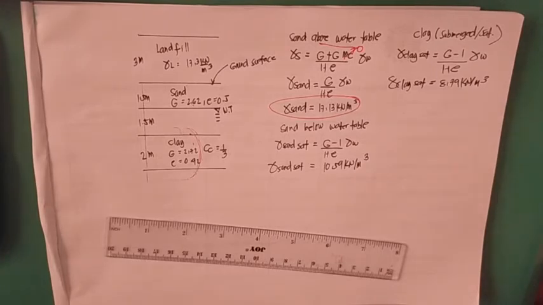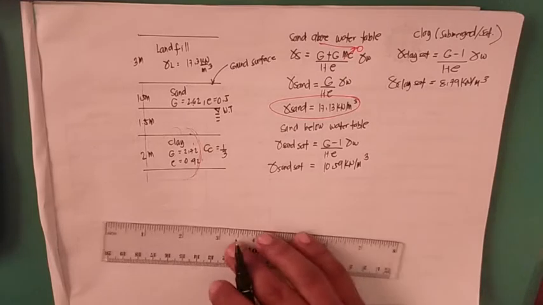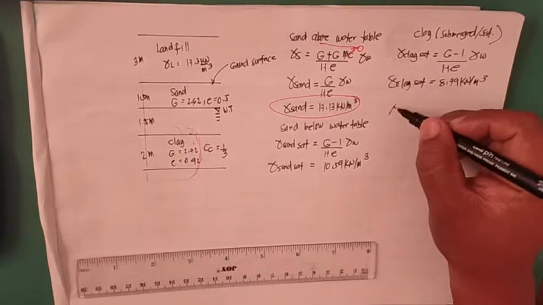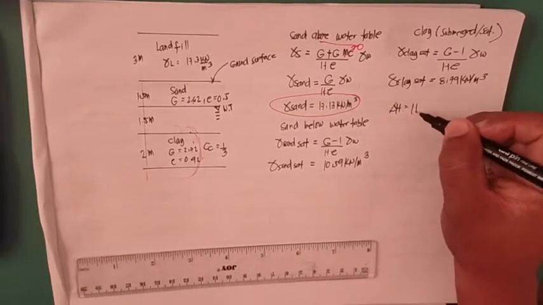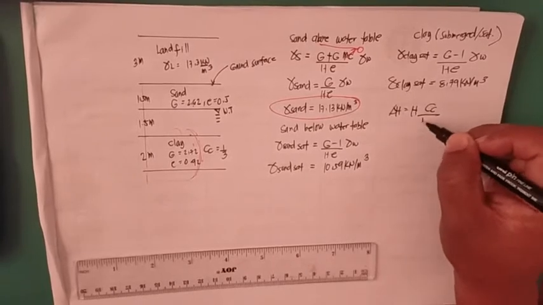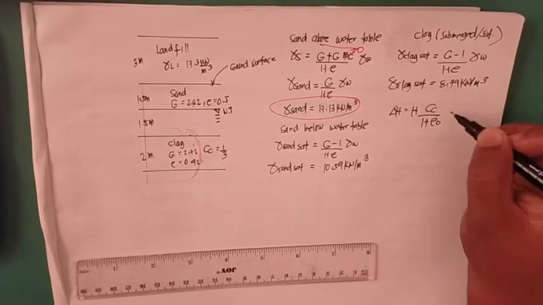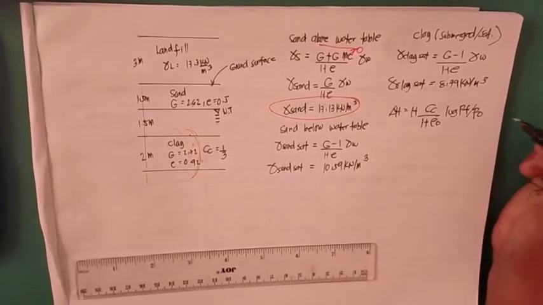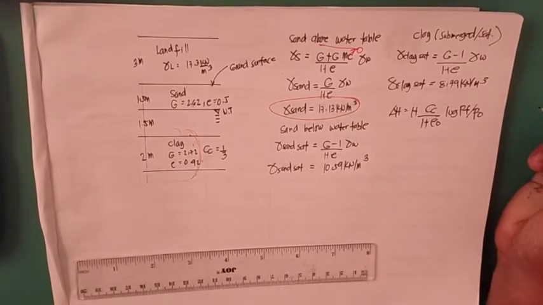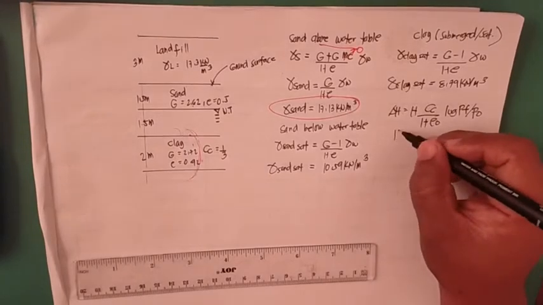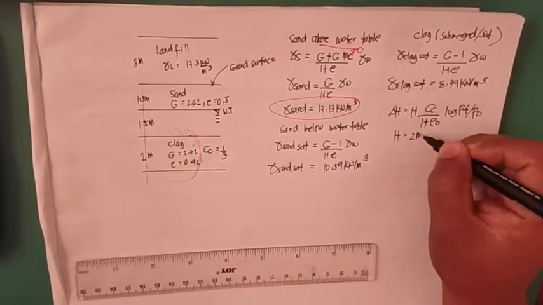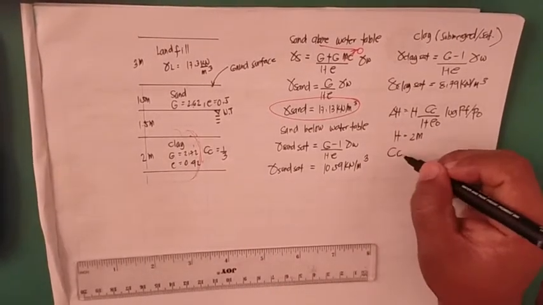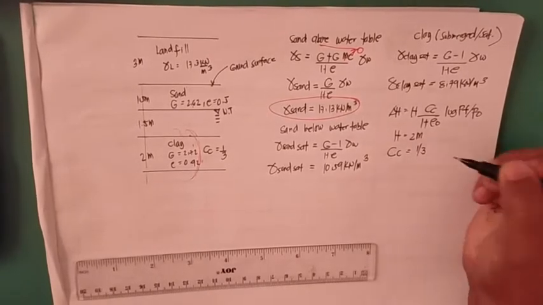So therefore, it is under normally consolidated clay, which we will use delta H is equal to H Cc over 1 plus eo log of Pf over Po. Okay? So H is 2 meters. Cc is 1/3. Can you see it?